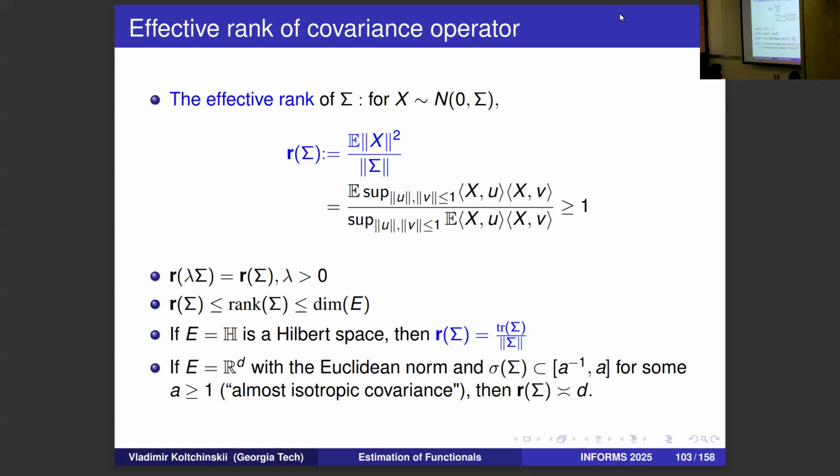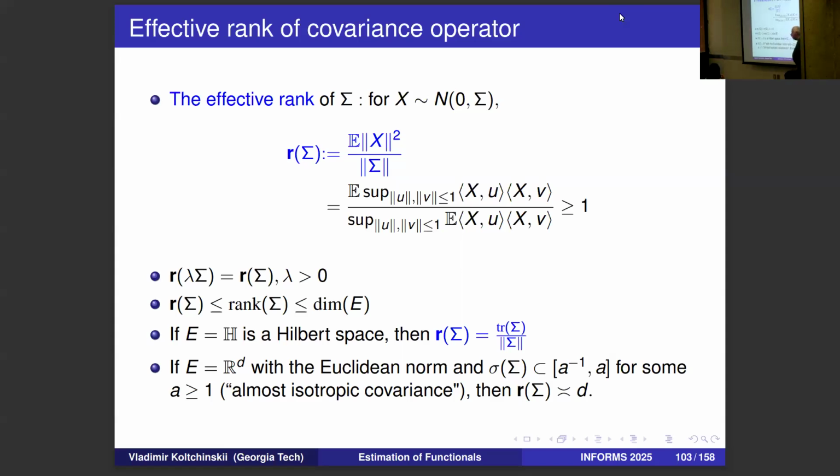And in the case when H is a Hilbert space, effective rank will be equal just to the trace of sigma divided by the operator norm of sigma, since the expectation of the square of the norm will be equal to the trace of sigma.